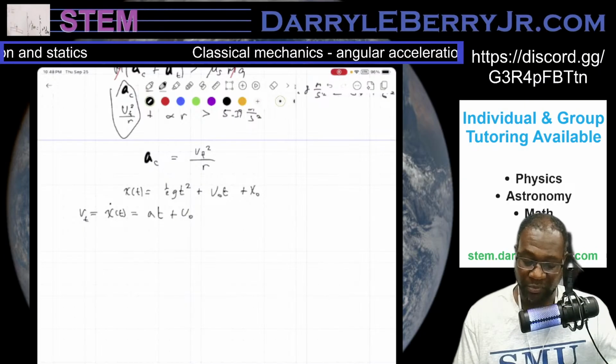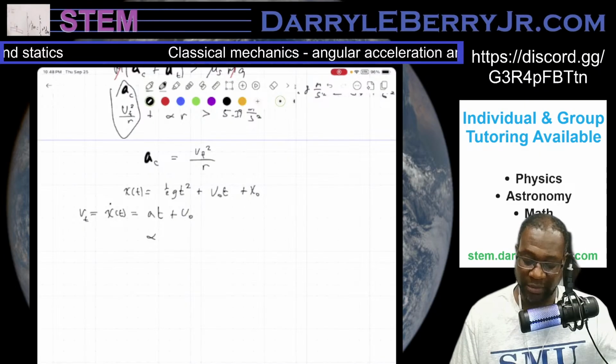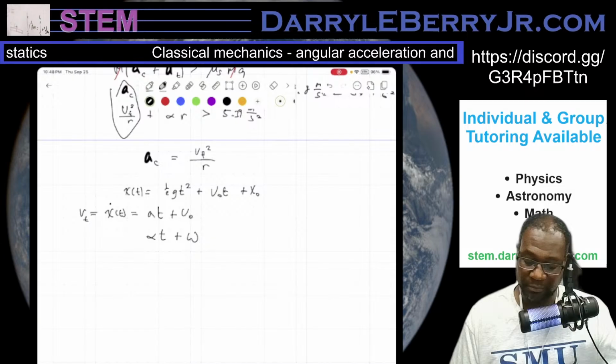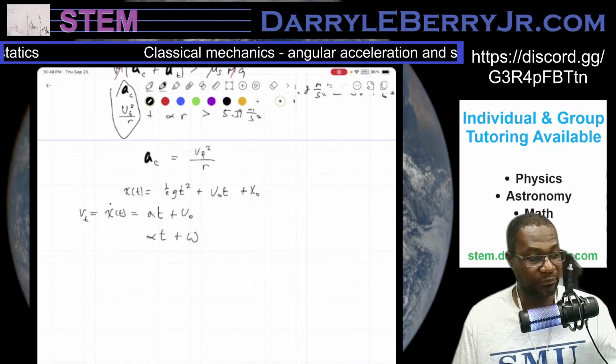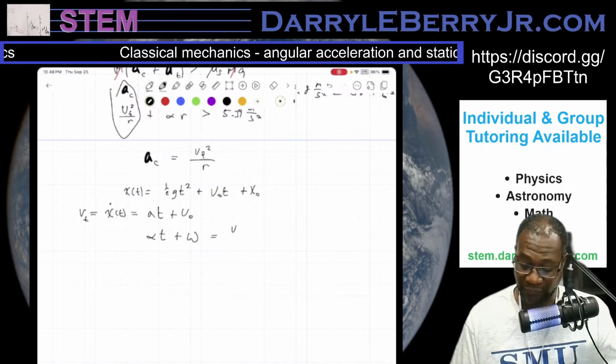I'm going to alter this equation, instead put in angular acceleration t plus angular velocity. And now I'm going to make this equal v t squared over r.